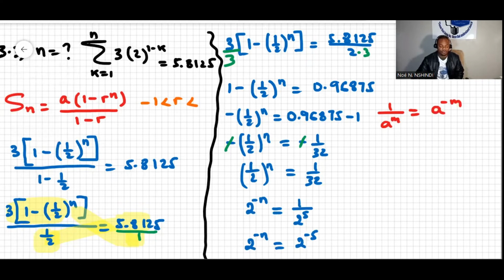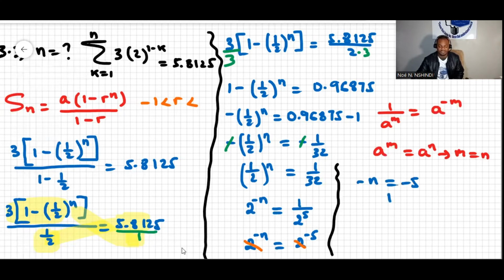There's another law of exponents that says if a to the m equals a to the n, this implies that m equals n. So we can cross the bases here. That means negative n equals negative 5, which means n equals 5. So the value of n is 5.